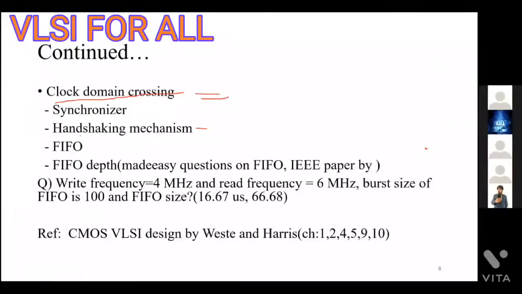For the same multi-bit transfer, you can also use FIFO. You can study related to this FIFO. And the main questions they ask are on the FIFO depth. Like what should be the size of the FIFO when the two clock frequencies are given, like I have given in the bottom question.